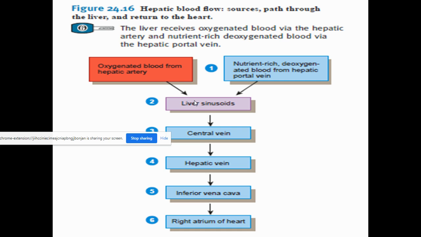Next we'll move on to the hepatic blood flow: the sources, path through the liver, and return to the heart. How is the blood supply of the liver?